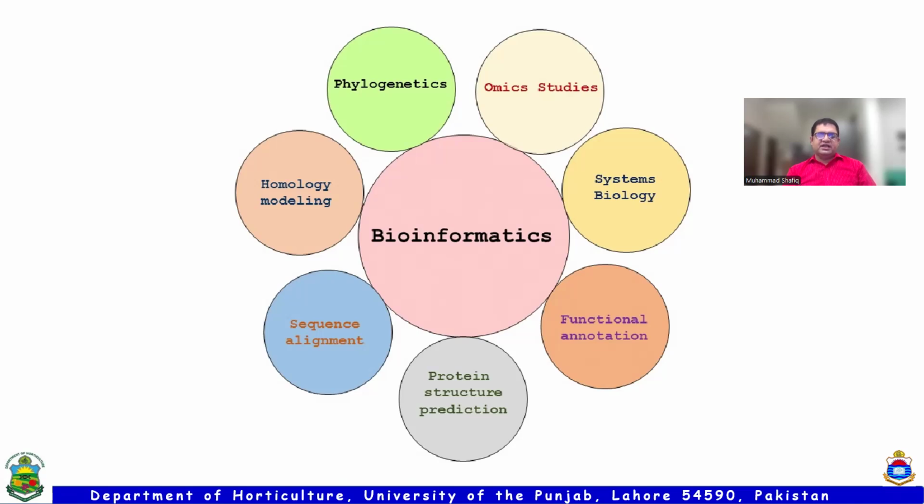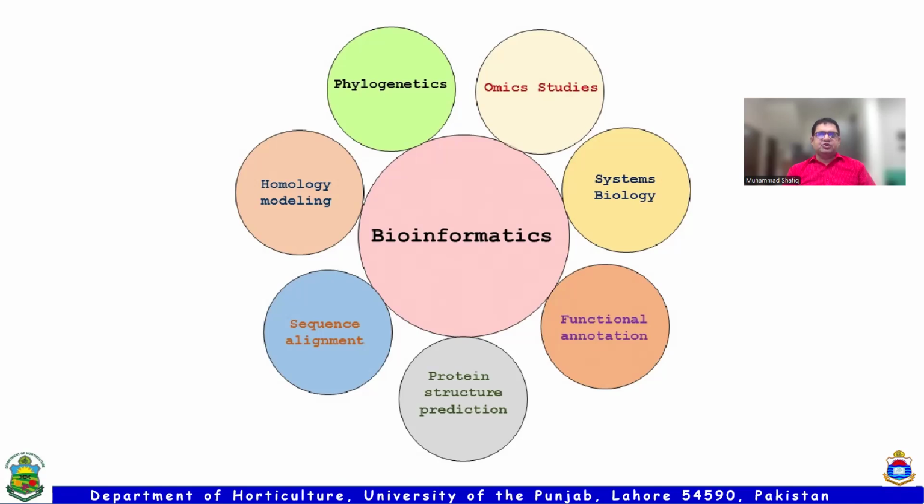So I normally call this the biodata science, because whatever data is generated in biological science, we analyze this data and ask the computer to make some algorithms so that you can easily understand the pattern in biological data and how we can get information from that data.